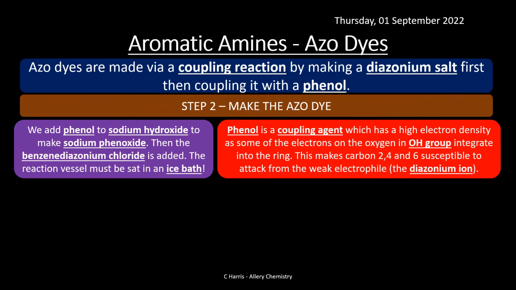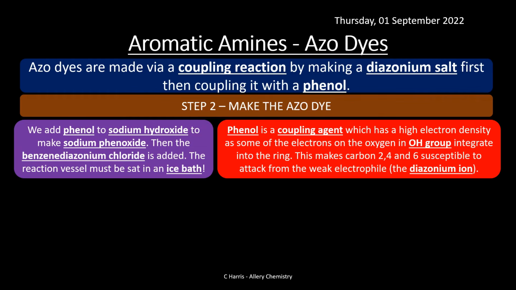So phenol is a coupling agent, and it has a high electron density, as you will have seen, like I say, in the hydroxy group topic, where we looked at phenols. If you're not sure what I'm talking about here, please go and see that video for year 2. But the phenol is obviously a benzene ring with an OH group attached to it. And effectively the electrons in the OH group integrate within the ring, so you form this kind of distorted delocalized system.